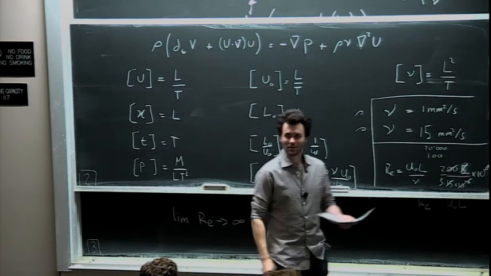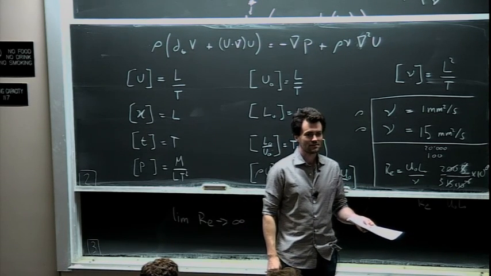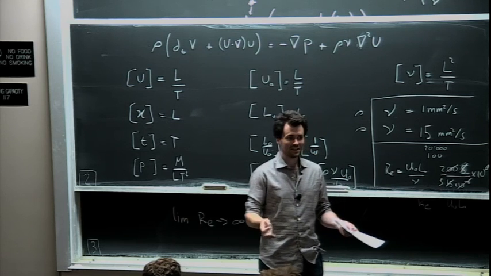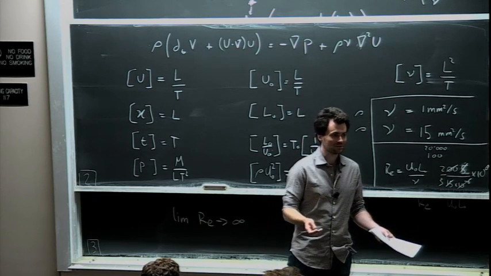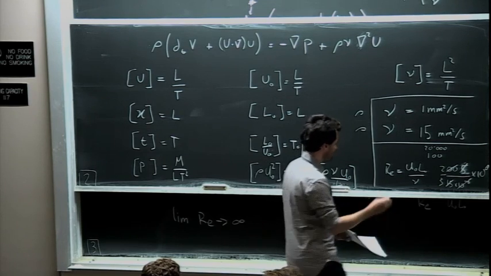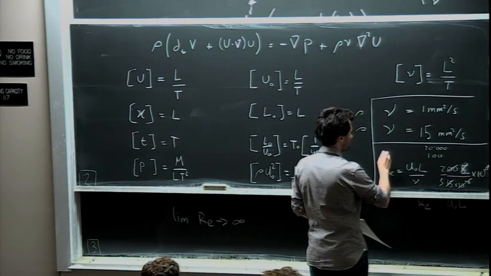Anybody here work with colloids? Interesting. Okay, liquid crystals, a little more. What's the typical Reynolds number for a colloid or a liquid crystal? 10 to the power of -6. There you go. So you can do this at home.